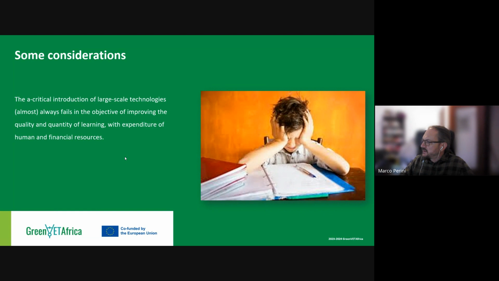I personally saw a lot of schools which invested thousands and hundreds of thousands of euros to buy a big amount of, for example, PCs, tablets, and other kinds of technologies in order to make the school innovative, but without doing teacher training for using this technology, or maybe without empowering the internet connection.